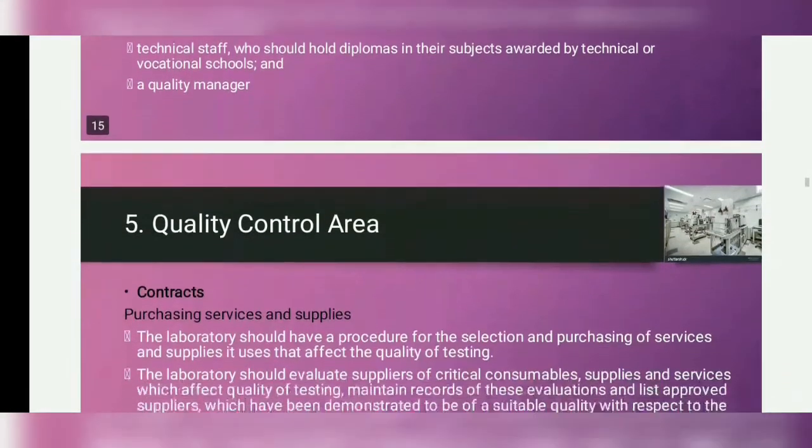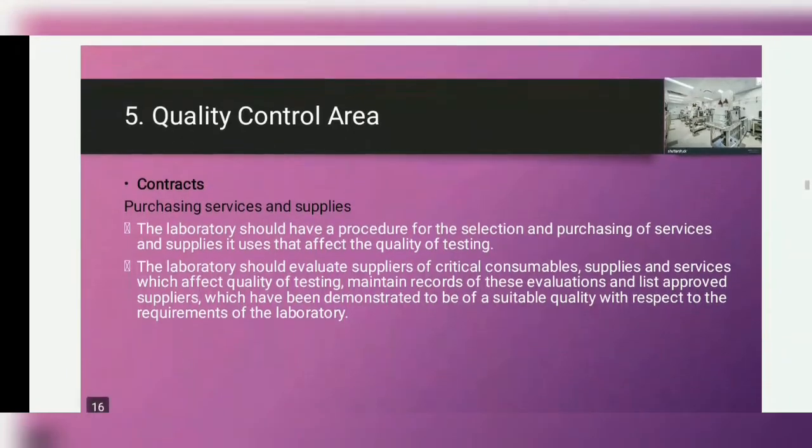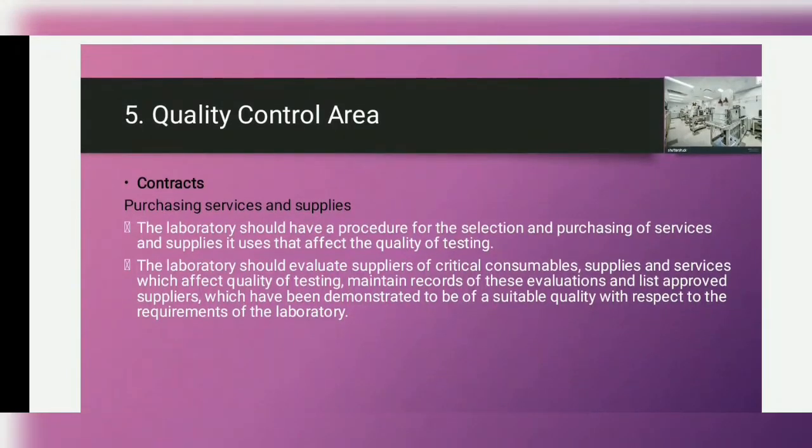Now come to the contracts and purchasing services and supplies of quality control area. According to GMP, the laboratory should have a procedure for the selection and purchasing of services and supplies because it affects the quality of testing.